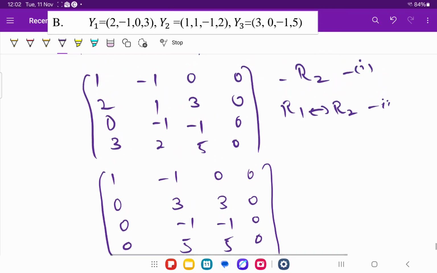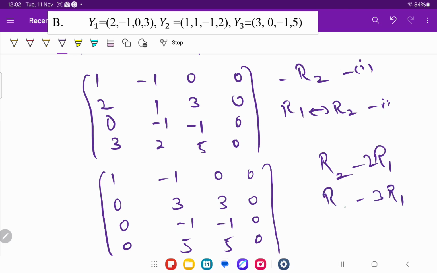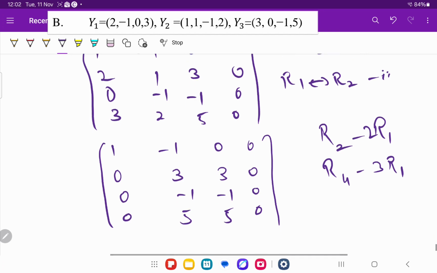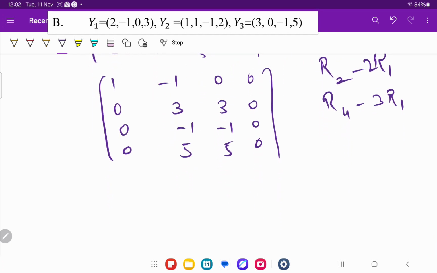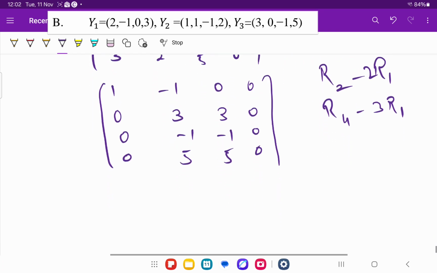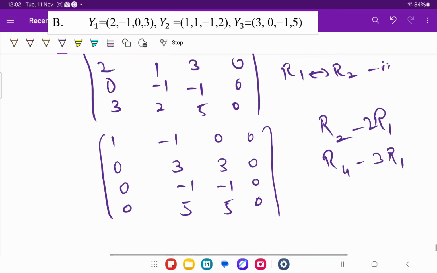So what I did, I multiply R1 with 2 and solve with R2, and 3 with R1 and solve with R4. That's what I did. 3 multiplied by minus 1, it's minus 3 on the left side.